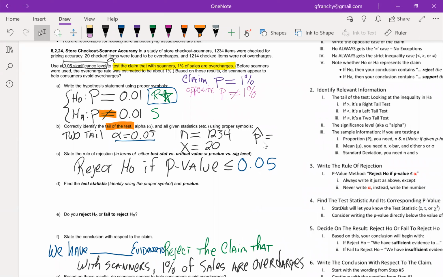So our test statistic, and again, you never write "test statistic," you write the proper symbol, and Statdisk will tell you that. And that was 2.19. And if you throw in the third one, that's fine.